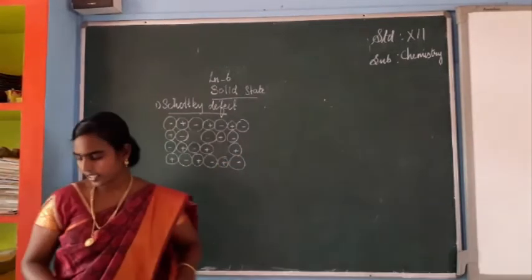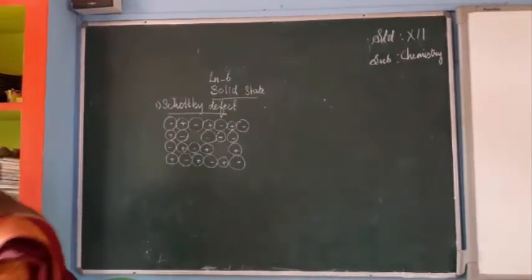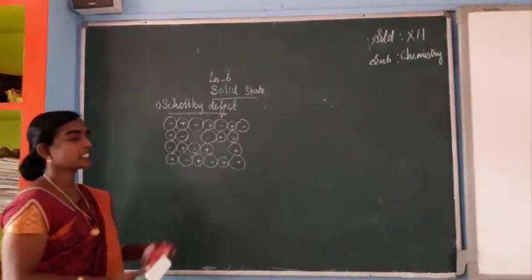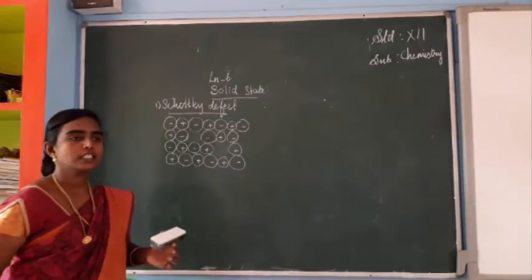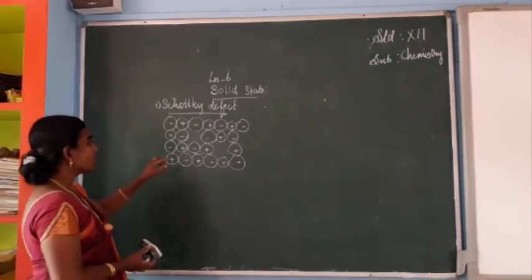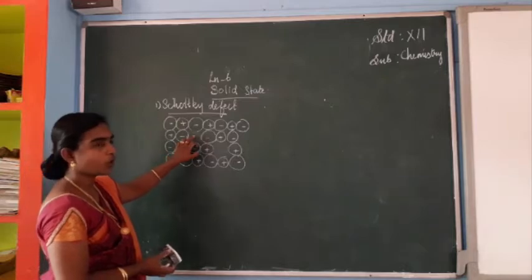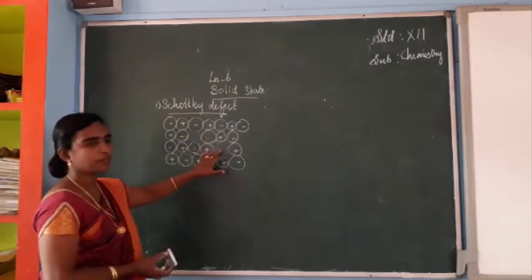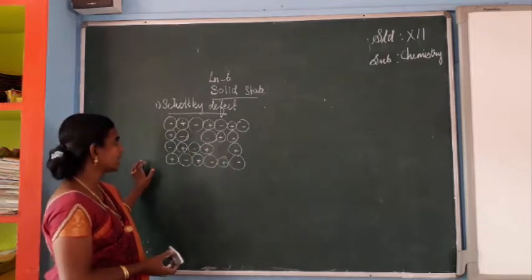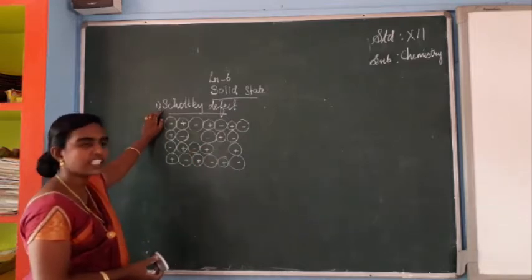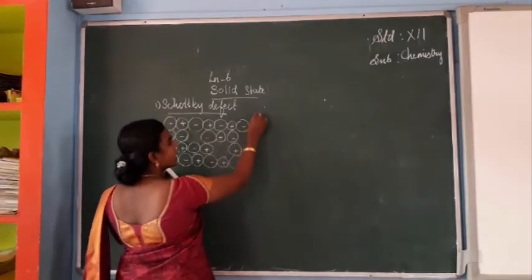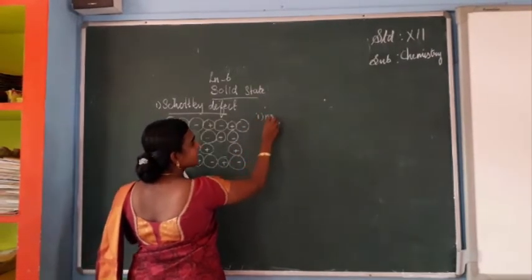So consider this crystal. When you see the crystal, these minus and plus, cations and anions, mark the lattice points. So here one positive ion and here one negative ion are missed from this lattice position, isn't it? So Schottky defect arises due to the missing of cations and anions from the crystal lattice.